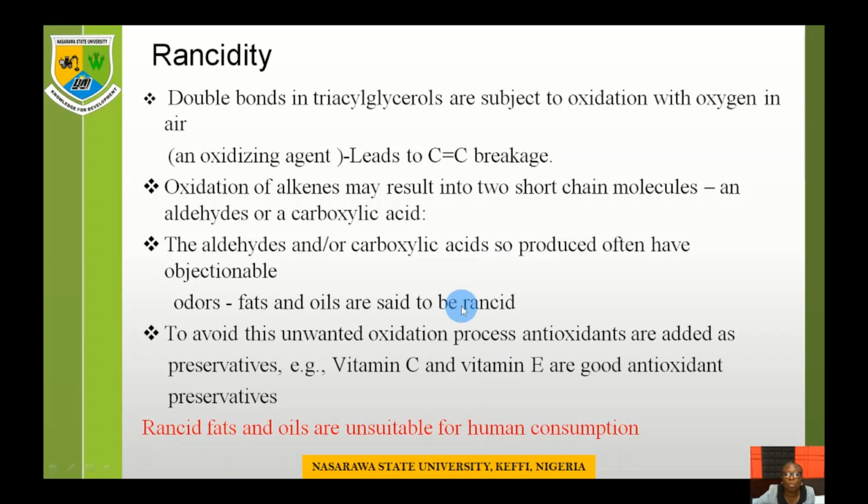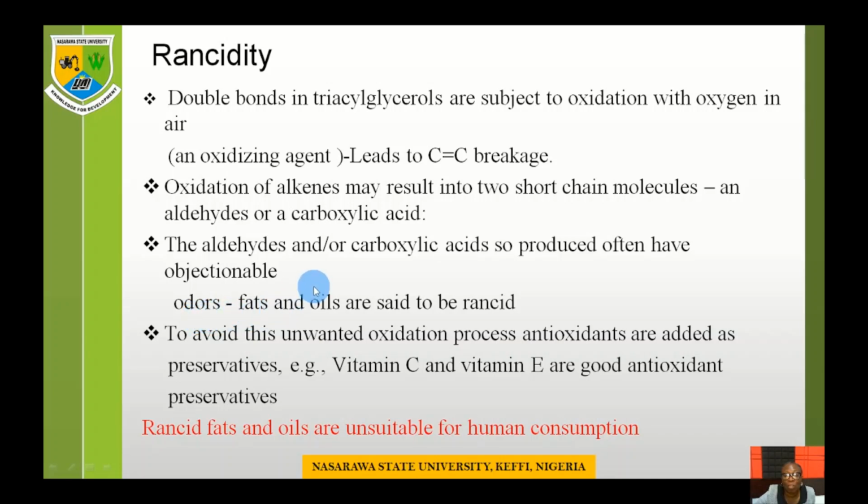So oxidation of these double bonds can lead to the production of aldehyde or carboxylic acid, which leads to production of odors which are not too good, especially in oil.